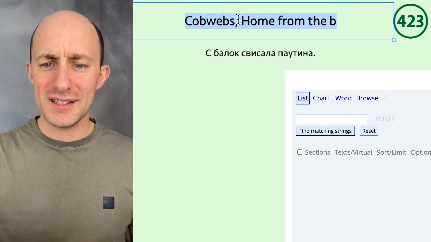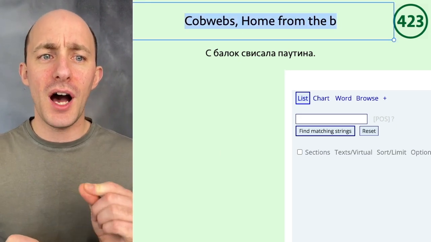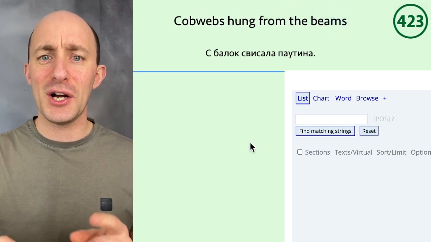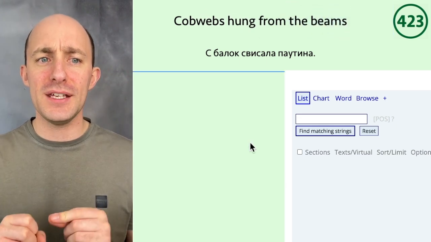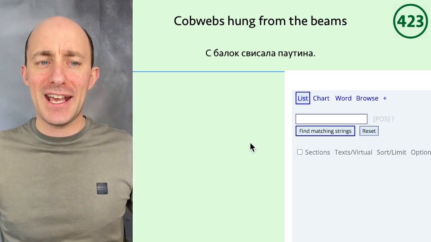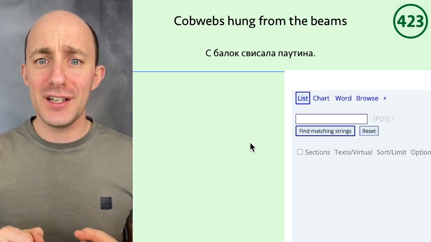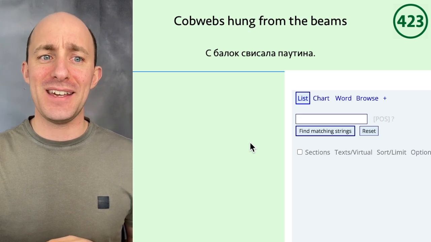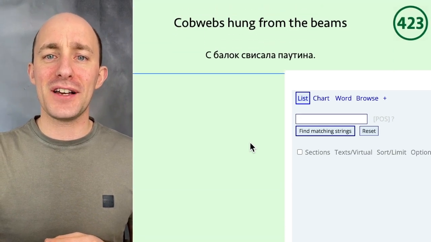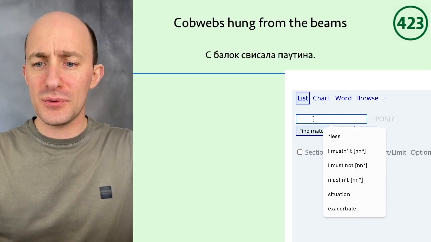Cobwebs hung from the beams. Got it this time. They hung from the beams. So a beam is this long, straight thing. It can be made of wood, but it doesn't have to be made of wood. Because you can have a lot of other kinds of beams as well.